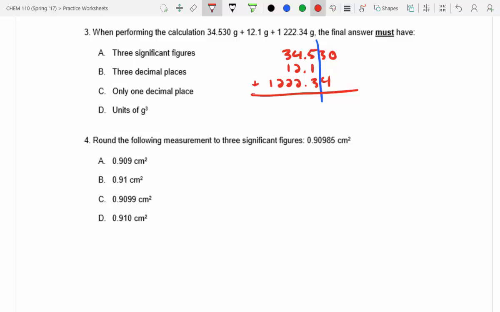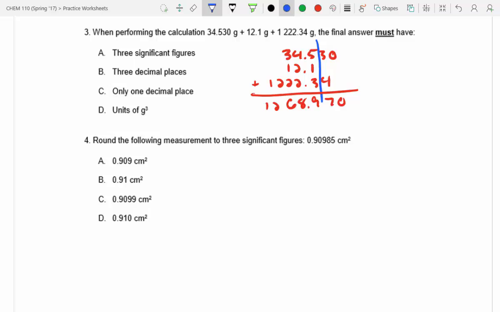Now how many significant figures should we have? So let's just do the math. We've got 1, 2, 3, 5, 6, 6, 7, 8, 5, 6, 7, 8, 9, 7, 0.